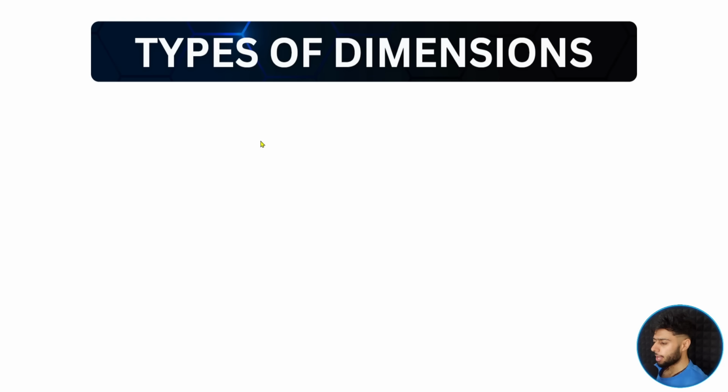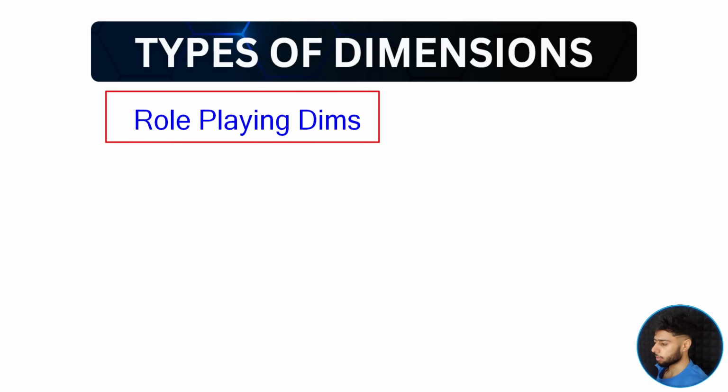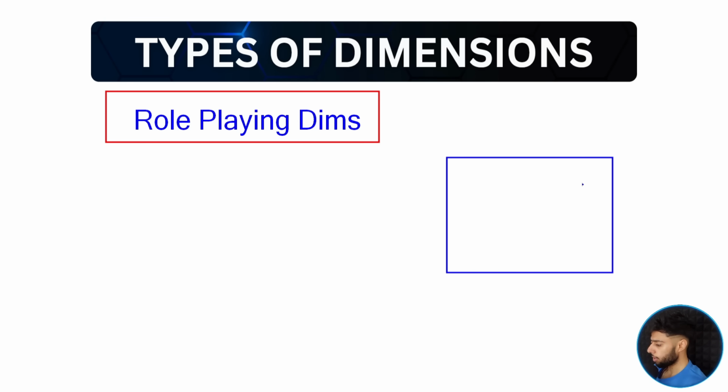Okay. Now let's talk about a very important dimension, called role playing dimensions. What are role playing dimensions? Usually it goes very well with date dimensions. Let's say you have created one date dimension and named it dim date.